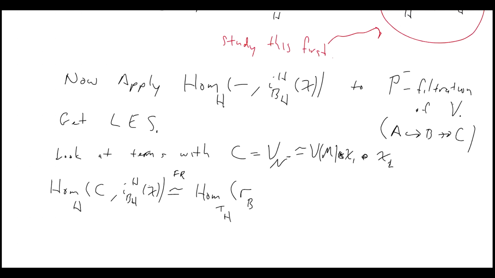I'll write R sub B for the normalized functor of coinvariance.